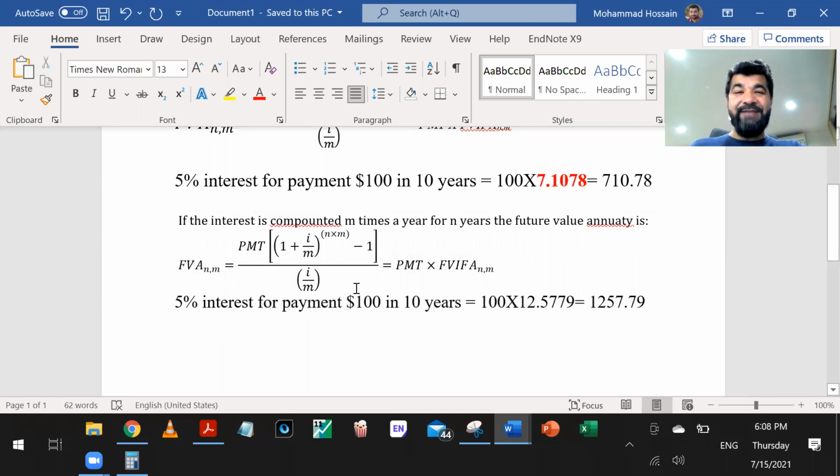Look, for the same $100, the present value today, if you keep paying $100 for the next 10 years at 5% interest rate, the value in the future will be this. So presently the value is $710, which will be equivalent to 1257.79 after 10 years' time.